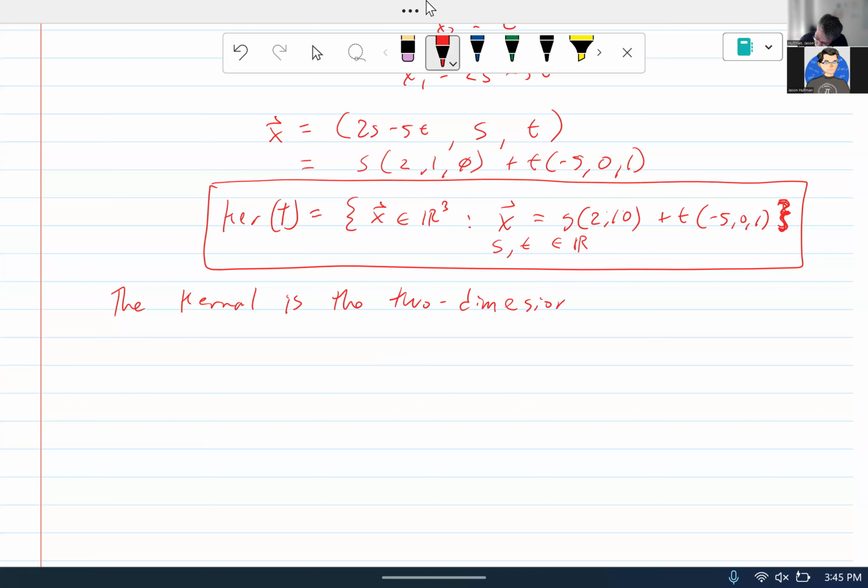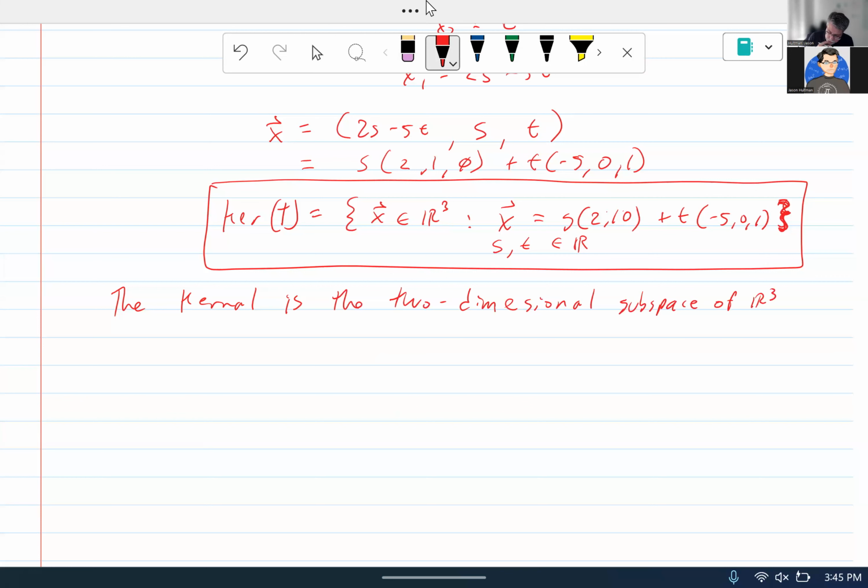Two-dimensional. I thought there were three dimensions. It is in three dimensions, although it's two dimensions because it satisfies a certain property. It's a two-dimensional subspace of R3. This isn't always the case.